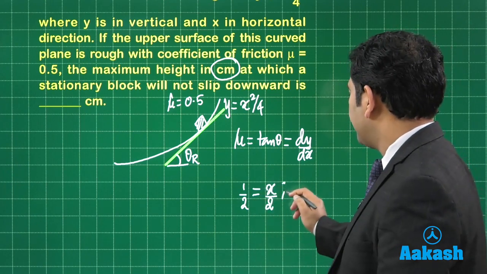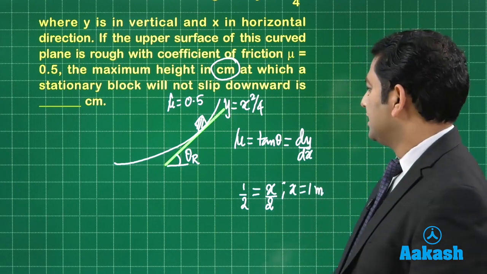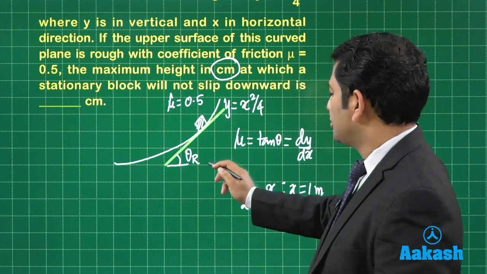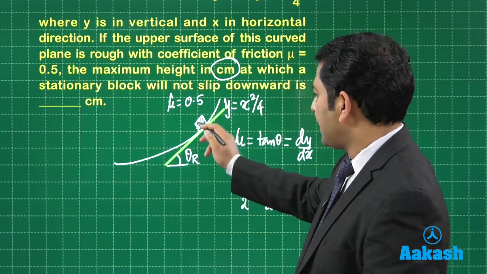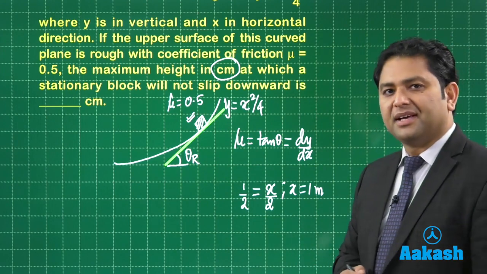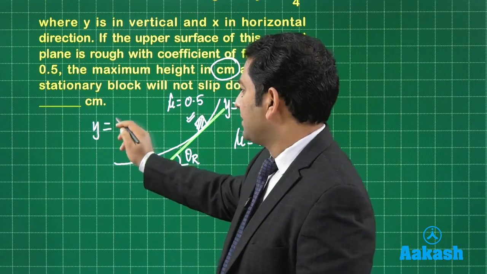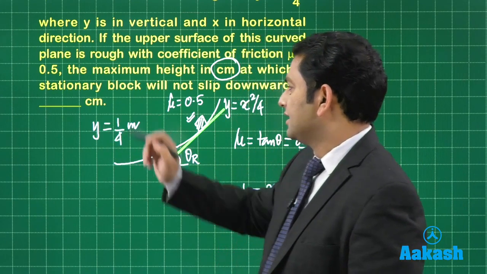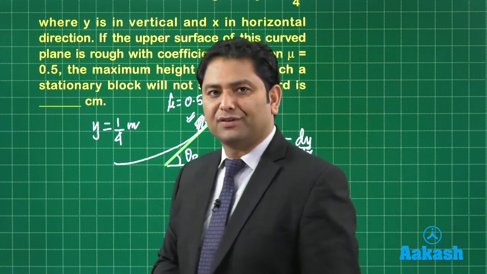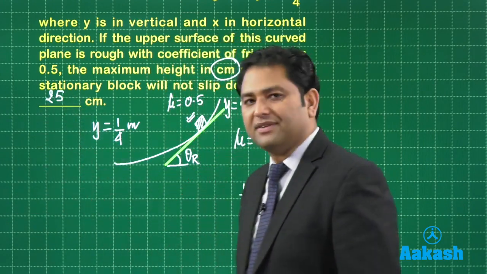So I get the value of x as 1, of course in meter. So when x is equal to 1 meter, at that point, the block starts slipping. Now when x is 1 meter, the value of y will be 1 by 4 meter. So 1 by 4 meter, if I convert it into centimeter, of course, that's going to be 25 centimeter.